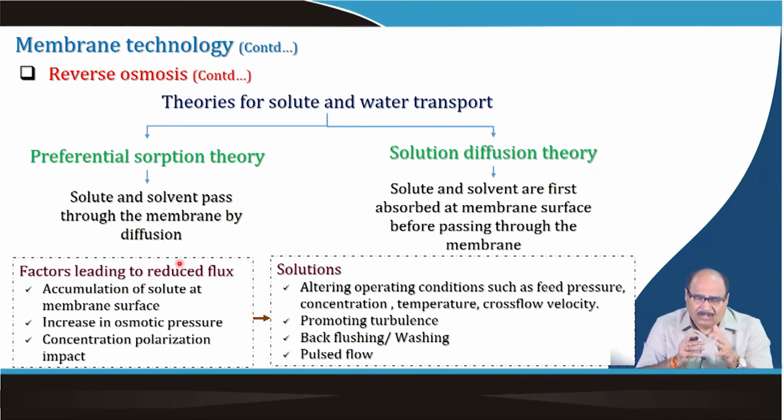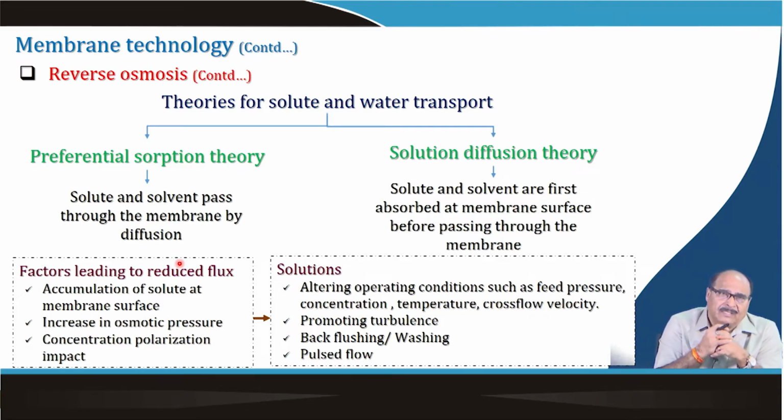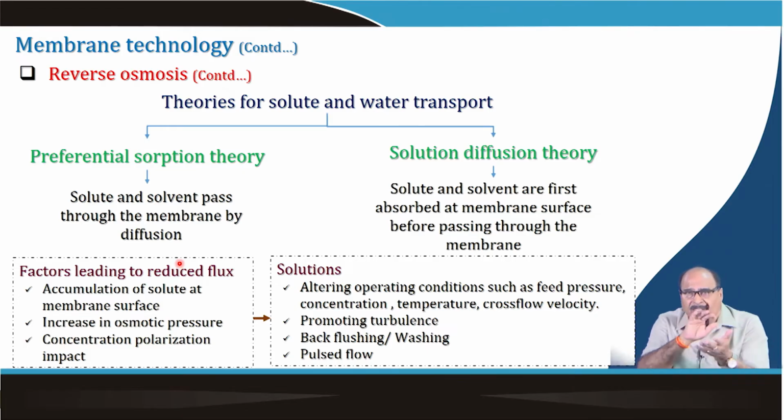So, the major problem in the membrane concentration process is the factors leading to reduced flux, because there may be concentration polarization or pore blocking, and accumulation of solids at the membrane surface. So, an increase in the osmotic pressure or concentration polarization impact may result in reduced flux.